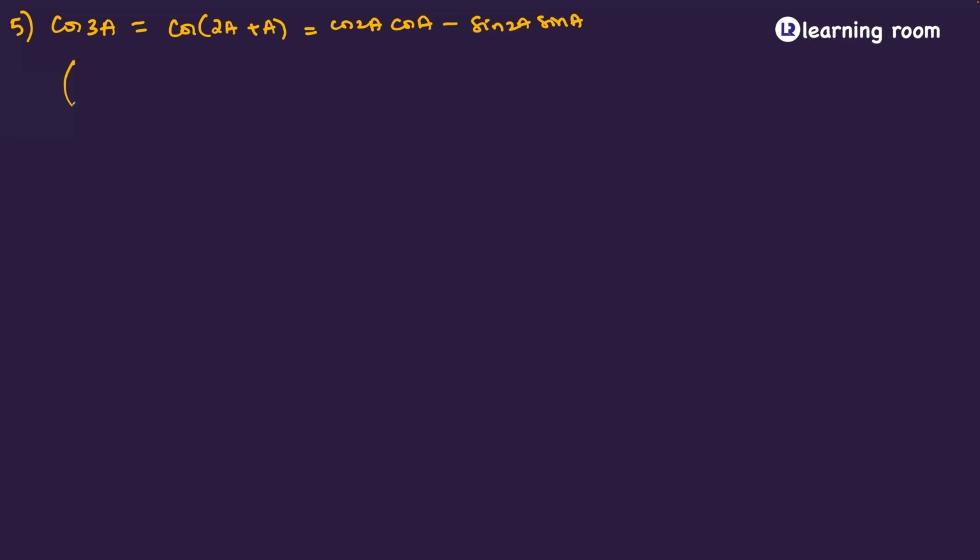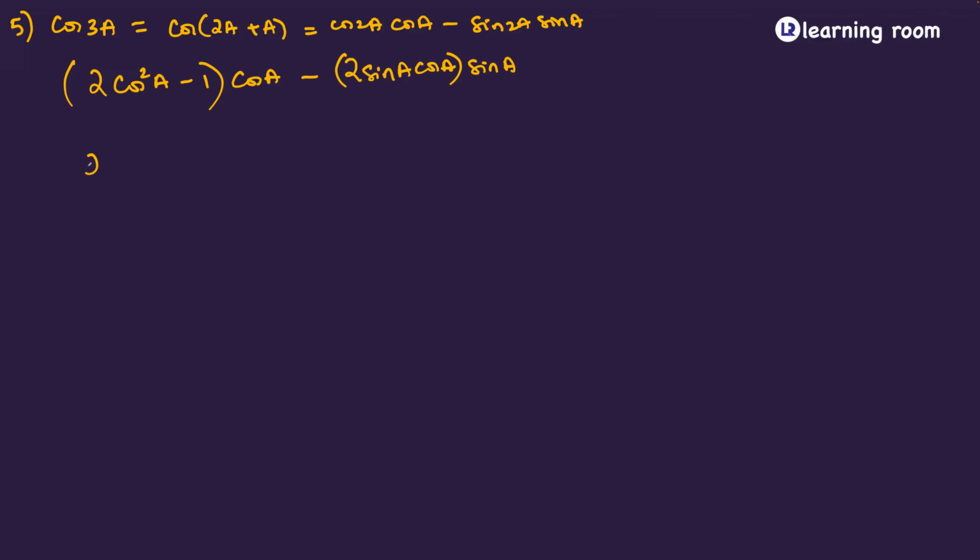So for that, I will use the identity 2 cos square a minus 1 into you have cos a minus sin 2a can be written as 2 sin a into cos a, the whole multiplied with sin a, right?